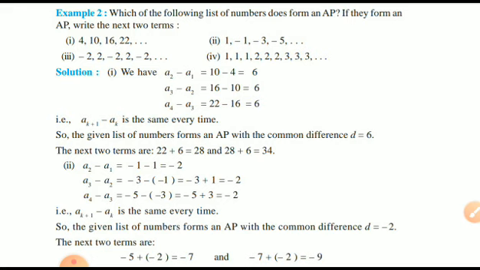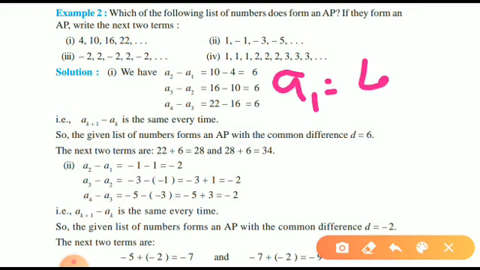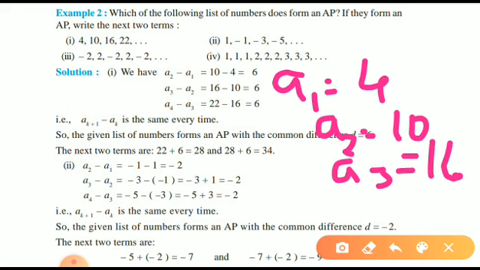The first sequence is given by 4, 10, 16, 22 and so on. So what is my first term? My first term a1 is equal to 4, a2 is 10, a3 is 16. We need the first three terms.